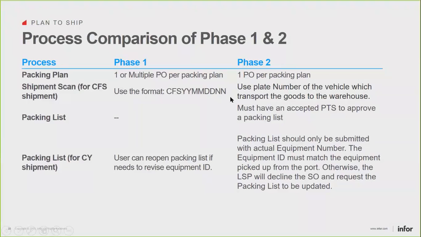Okay, so that's the change. Then the packing list. In phase 2, the accepted Plan to Ship must be linked to the packing list.